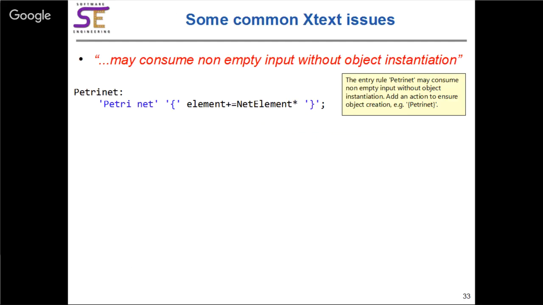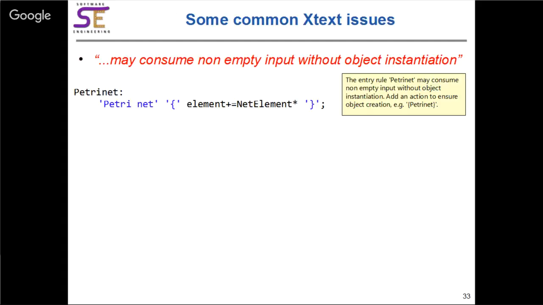The first problem could be that if you have something like this, there will be an error marker here, and it says it may consume non-empty input without object instantiation. What? So what does this mean? That's the error marker that you get.